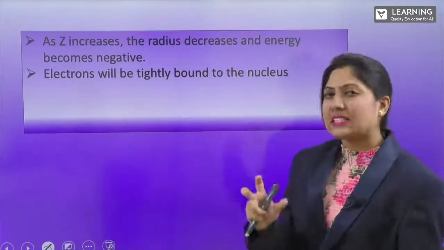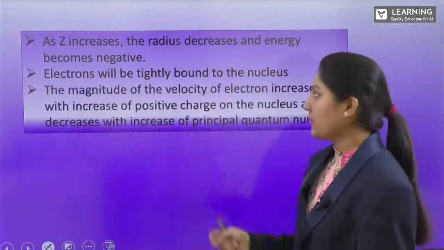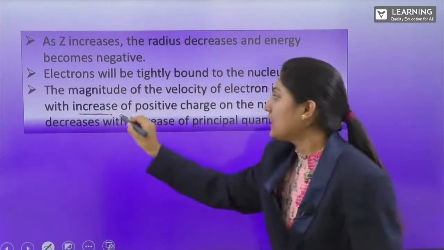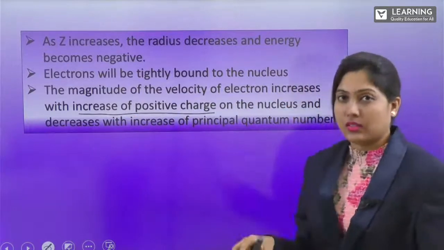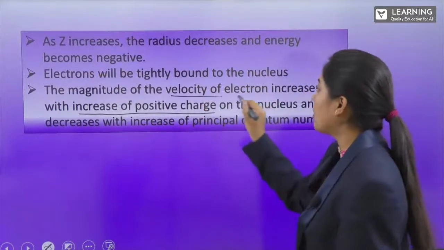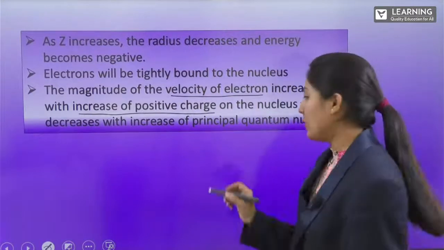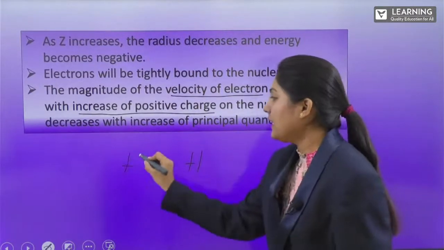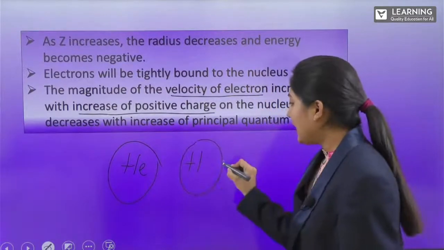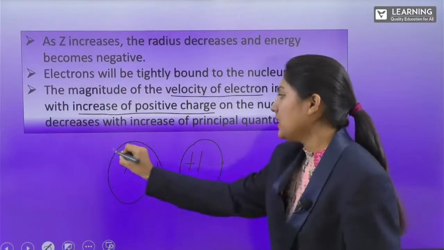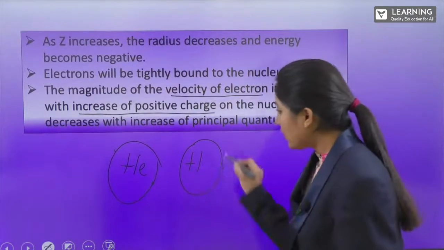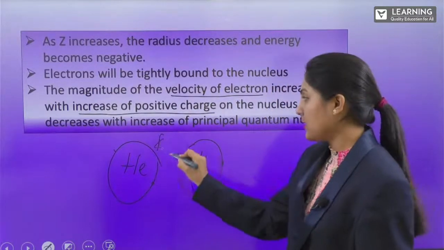So electrons will be tightly bound with the nucleus, as we know. The magnitude of the velocity of the electron increases with increase of positive charge on the nucleus. If you have more positive charge inside the nucleus, then the velocity of the electron increases. By this, I'll ask the question: if you have hydrogen and helium and they both have K shell, that means only one shell, the electron in hydrogen and electrons in helium, which will have more velocity, because they both are in the same orbit, K shell, right?